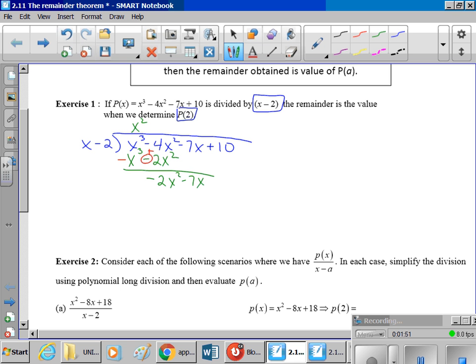Now x goes into negative 2x squared minus 2x to get a negative 2x squared here, and negative 2x times a negative 2. Remember what we're doing. We did this times this to get that negative 2x squared. Then we did this times this to get that positive 4x, which I'm going to put right here, plus 4x.